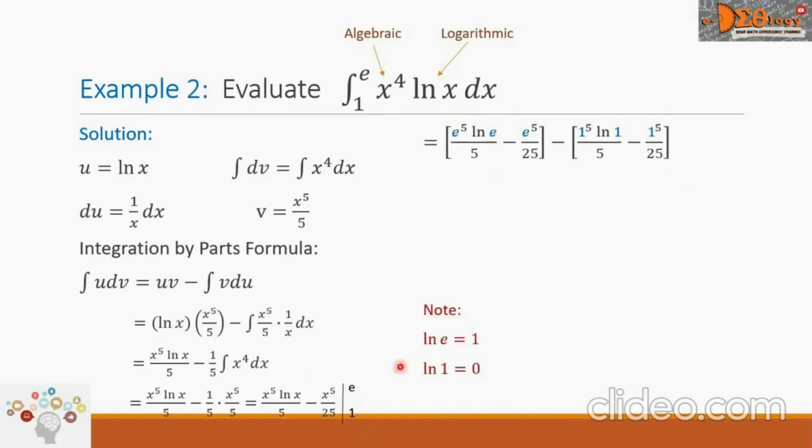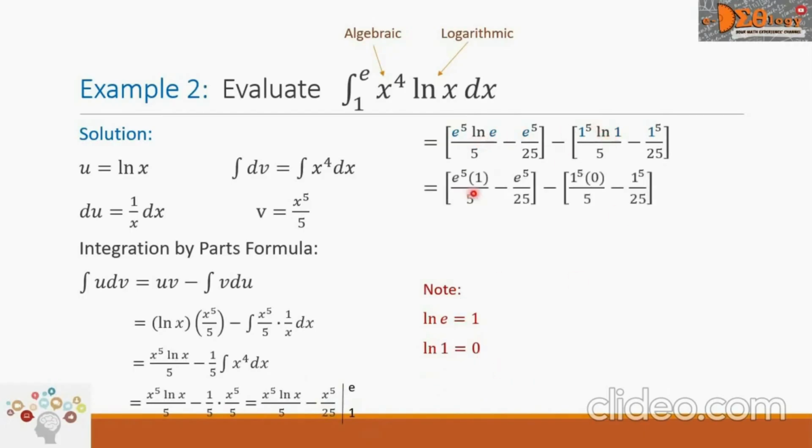Take note that ln of e is equal to 1, while ln of 1 is equal to 0. Substituting these values in here, respectively, we have now e raised to 5 times 1 over 5, then minus e raised to 5 over 25, minus 1 raised to 5 times 0, that is the ln 1, all over 5, minus 1 raised to 5 over 25.